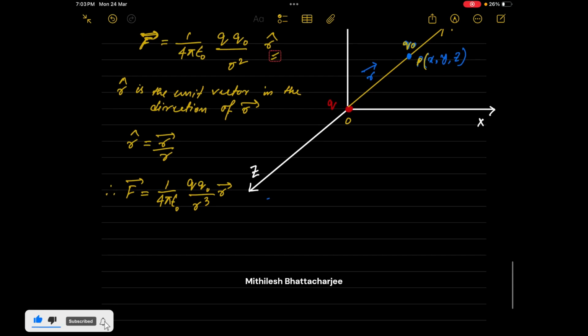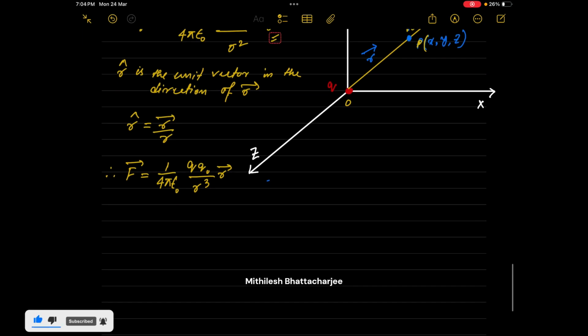Now let's divide by Q naught on both sides. So F vector by Q naught equals 1 by 4 pi epsilon naught Q by r cube into r vector.